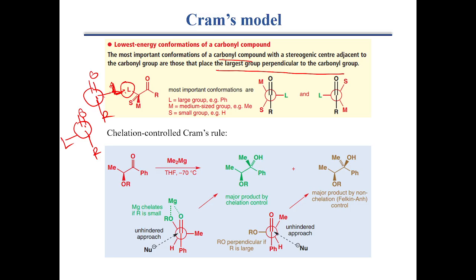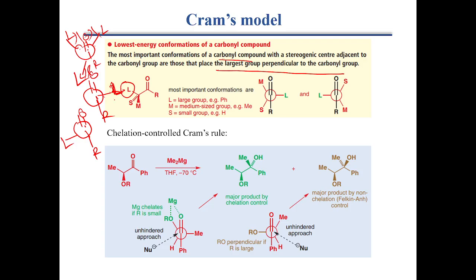Why is this large group perpendicular? This perpendicular conformer lowers the energy of the system. If it is not in the perpendicular position, what happens? If it is in this way or this way or this way, there is a possibility of steric hindrance between this R group or carbonyl oxygen group with the large group.